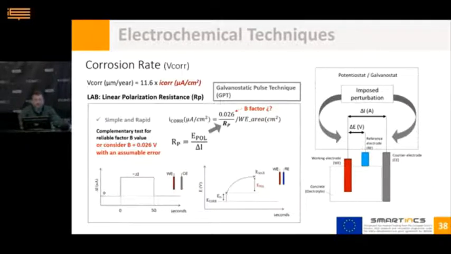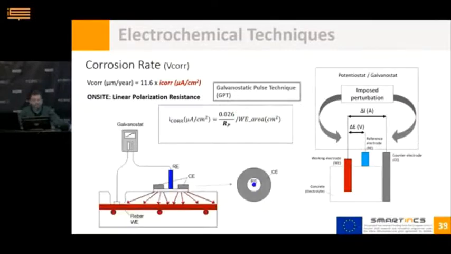So the advantage of speed and simplicity of this technique far overcomes the possible reduction in reliability, which in some cases is totally assumable. So in practice, polarization resistance using the galvanostatic pulse technique is one of the most widely used methods.